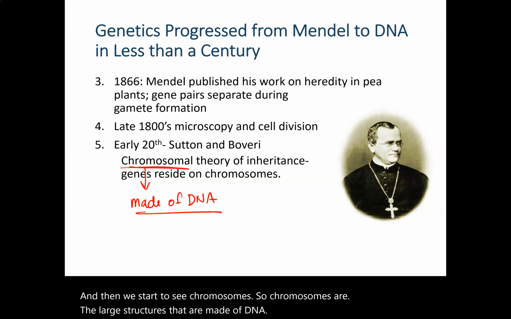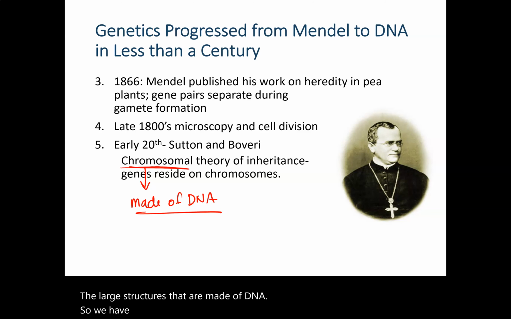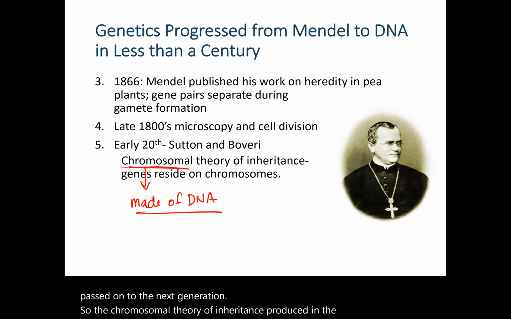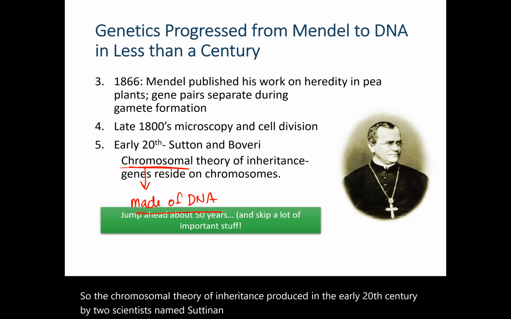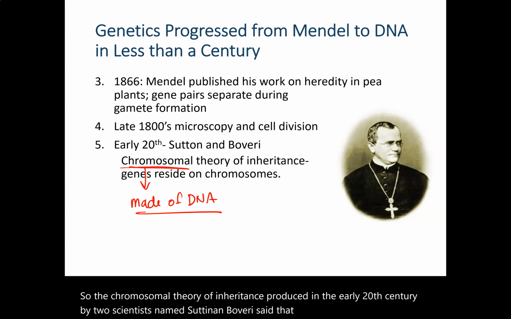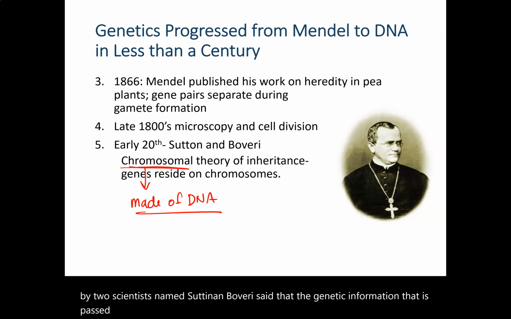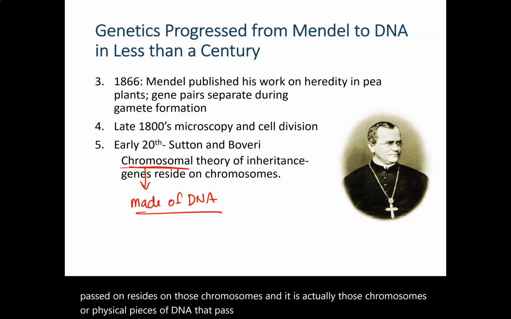So now we have some microscopic evidence of something physical that can be passed on to the next generation. So the chromosomal theory of inheritance, produced in the early 20th century by two scientists named Sutton and Boveri, said that the genetic information that is passed on resides on those chromosomes, and it is actually those chromosomes or physical pieces of DNA that pass on that genetic information.